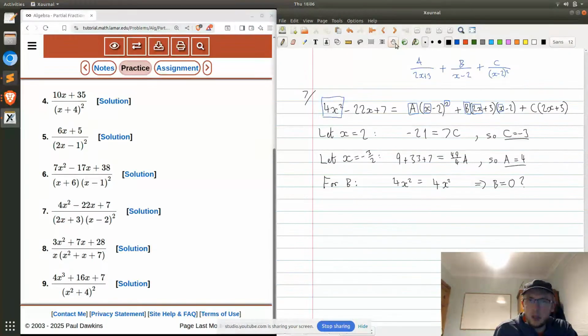Okay, we'll try the linear term. Okay, what do I get? Minus 4x times a, so minus 16x.